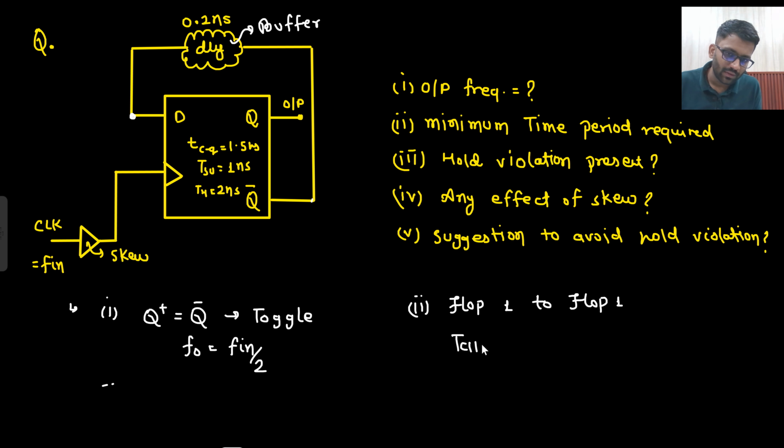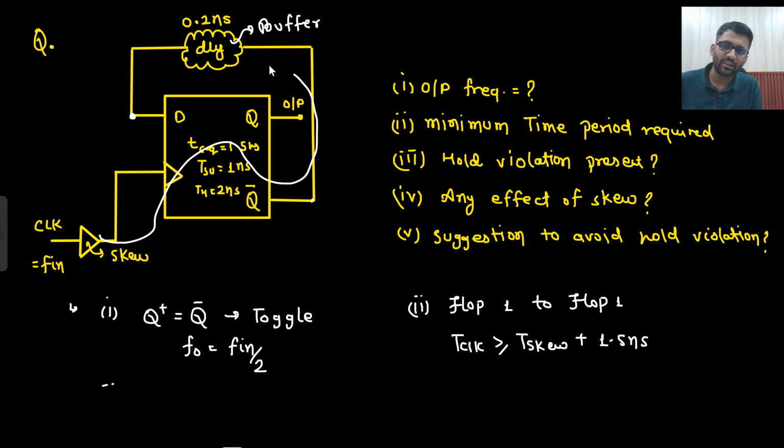If I'm working from flop 1, I'm assuming this data is constant. So I will work in this manner, right? First this skew will come, T skew, plus then clock to Q will come, that is 1.5 nano. Then this delay will come.